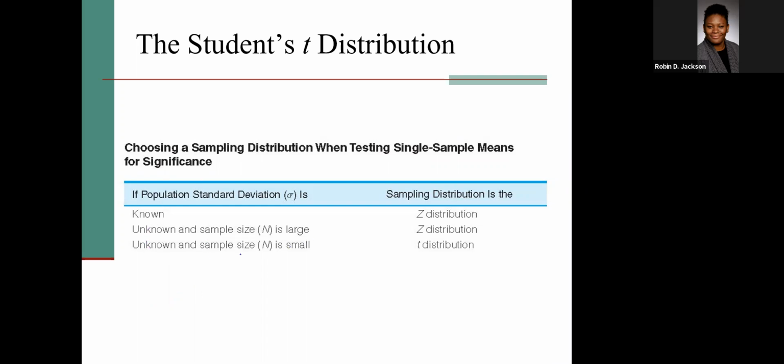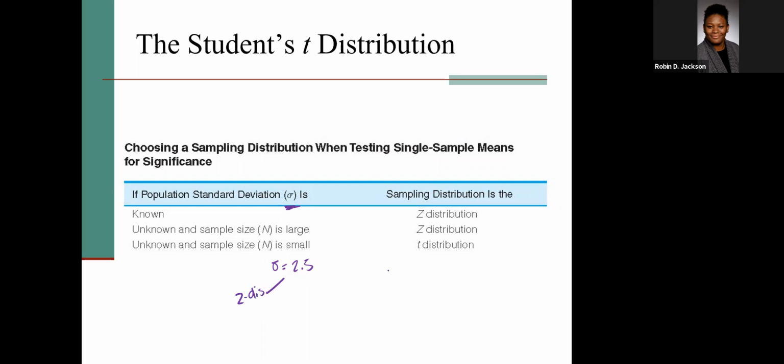What I'm actually looking at is the standard deviation. So in your box, you have a standard deviation, and you start off here with whatever information from your problem. Let's say they give you the population standard deviation, and it's 2.5. Then, basically, the population standard deviation is known, so you use the Z distribution, okay?